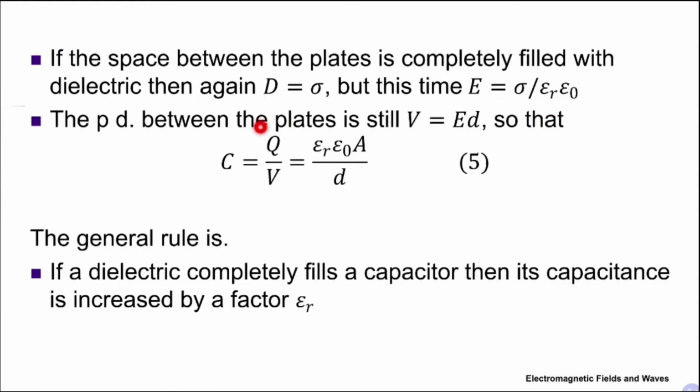Doing the same thing here, you find that C will be equal to epsilon R epsilon naught A over D. And this is the equation for the capacitance of a parallel plate capacitor.